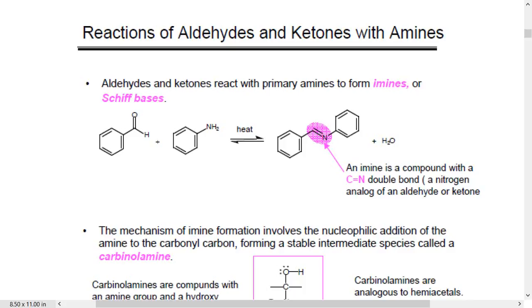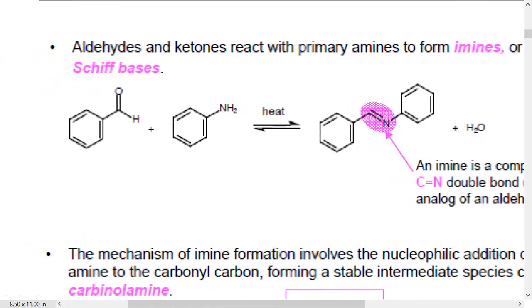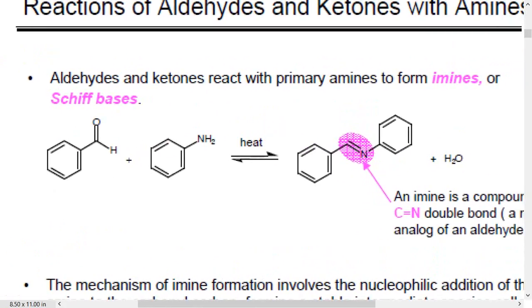Aldehyde and ketone react with a primary amine to form imines. Aldehyde says, okay, I'm going to react. How this is going to react, you will see. Aldehyde and ketone both will react with amine to form imines or Schiff base.